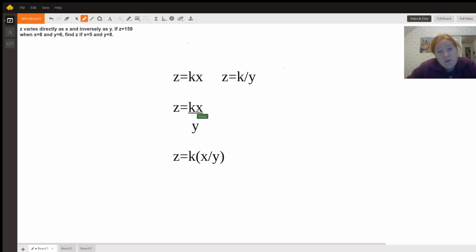That makes sense. If you took any old number and divided by, let's say 2, you take half of it, Z would be half. But if you divided it by 4 million, Z would go really, really small. If you divide by a big number, Z will get very small. That's inverse variation. And direct variation is the opposite.